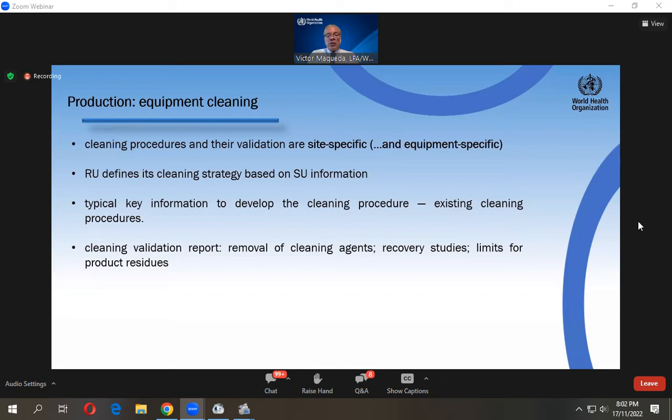The cleaning validation report will be focused on the removal of cleaning agents, recovery studies and limits of product residues, complying with the required and mandatory aspects that are part of the WHO TRS.